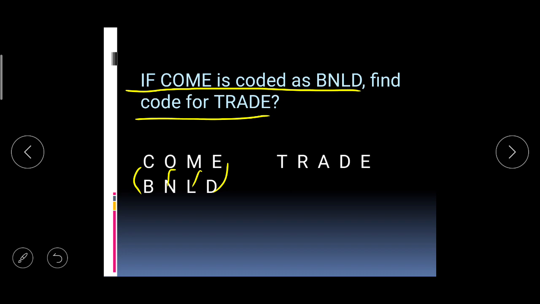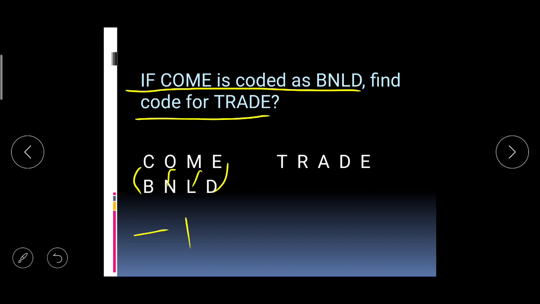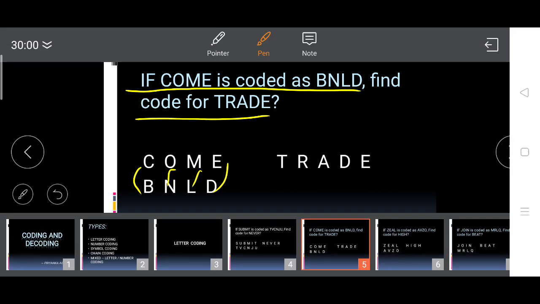Yes, you are right, it is just the preceding letter. It is getting minus one. Before C we get B, before O we get N, before M we get L, before E we get D. So we just need to move one step back.